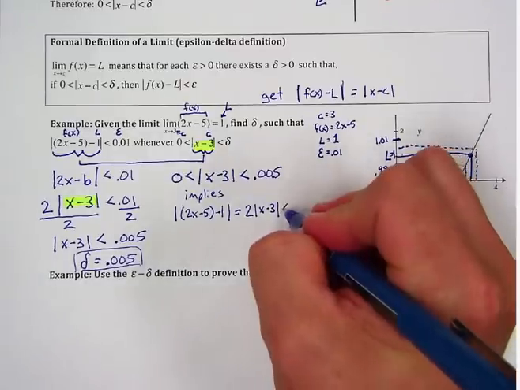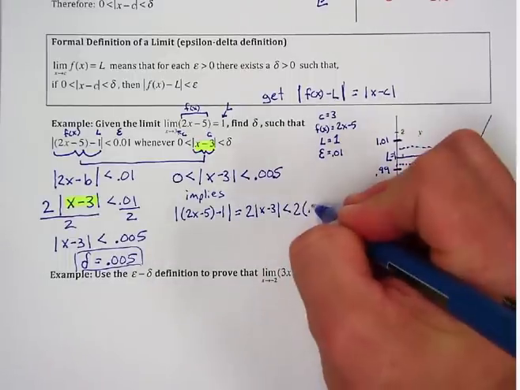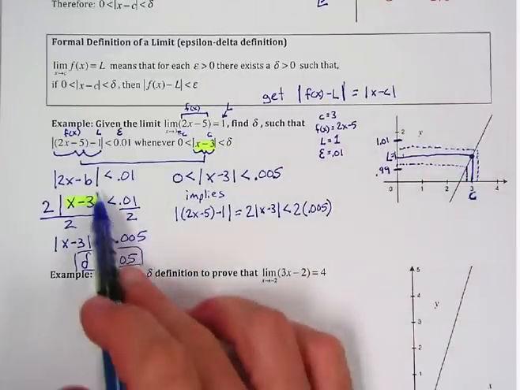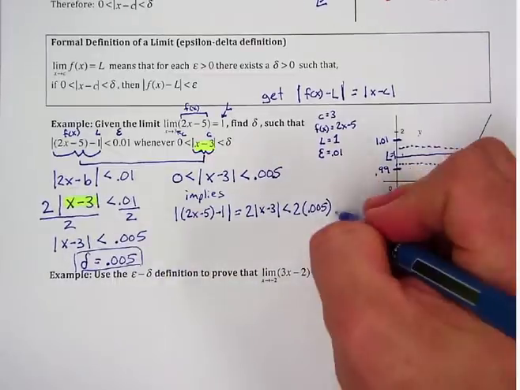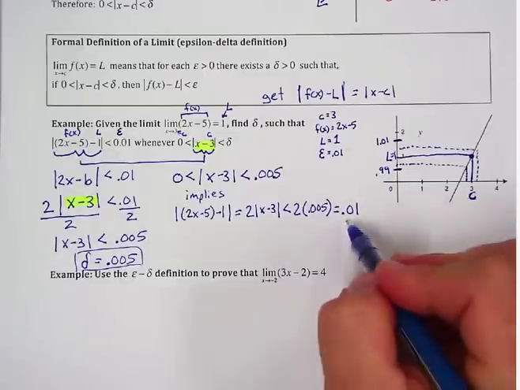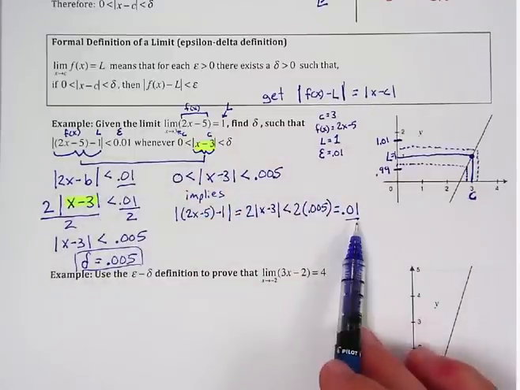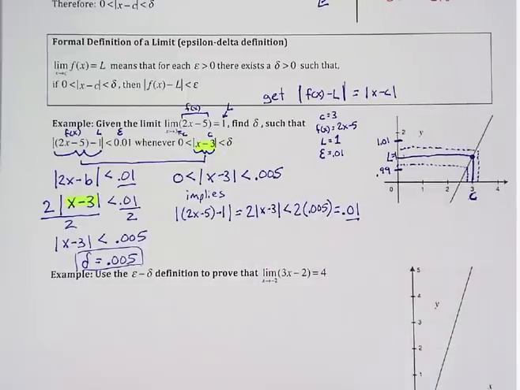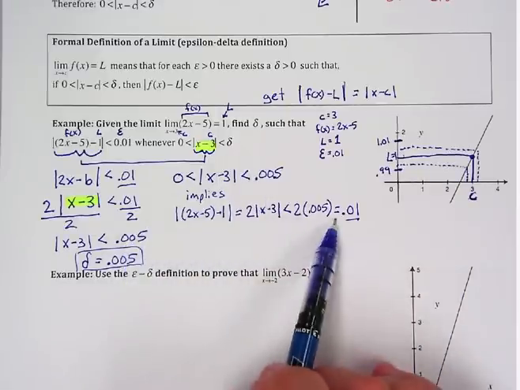And we're going to say that's less than 2 times our 0.005. Okay, so we're just kind of undoing everything we did here. So we're going backwards. We're going to say that equals 0.01. And so here we ended with the exact same thing we began with, the epsilon of 0.01, and that's how you're going to show that this delta of 0.005 actually works.